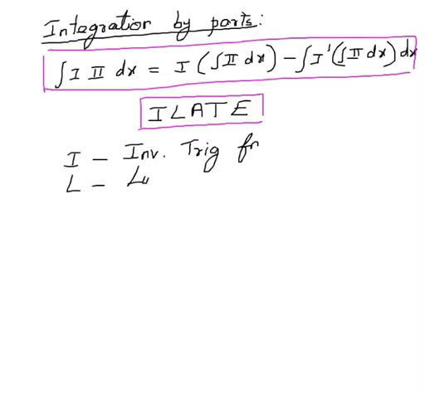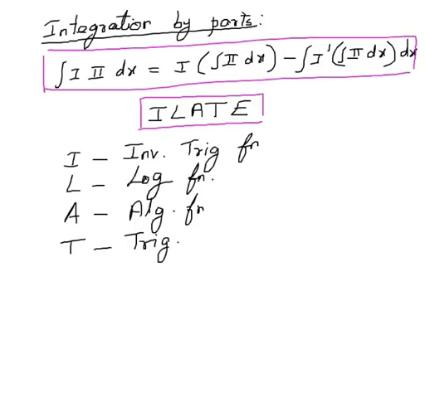L stands for logarithmic function. A for algebraic function. And T is for trigonometric function and E is for exponential function. So whichever function comes first in this ILATE, that should be taken as the first function, the other one as the second function. I will explain this when we do the questions.